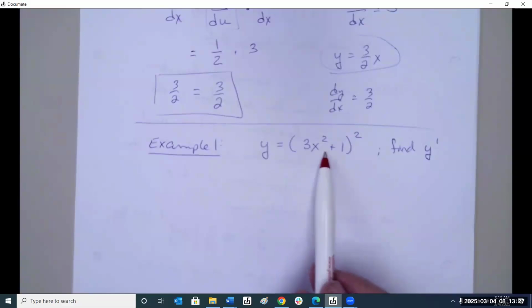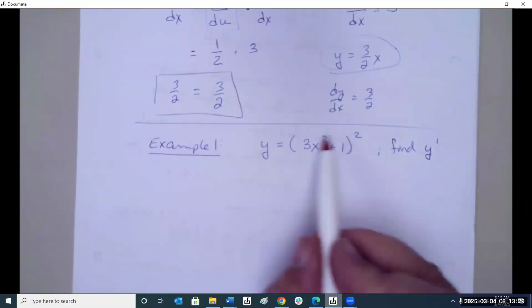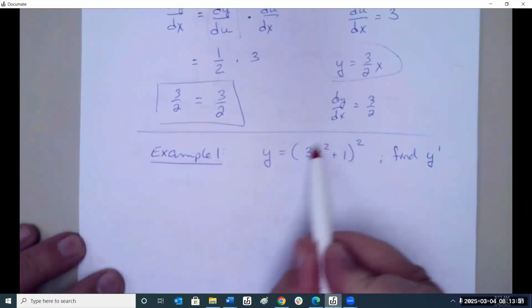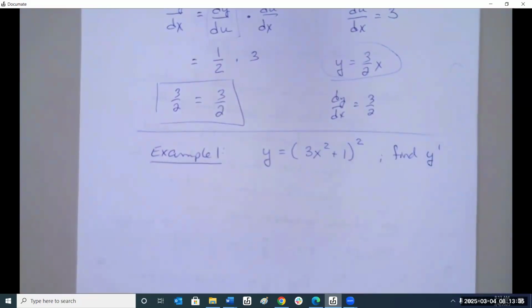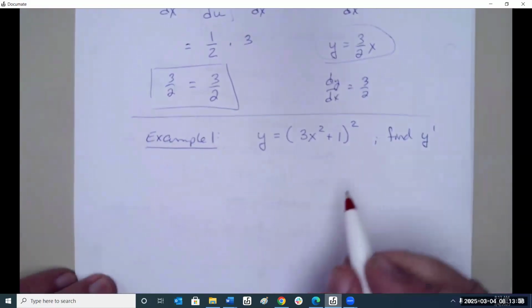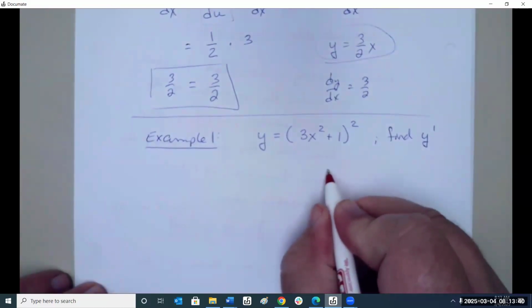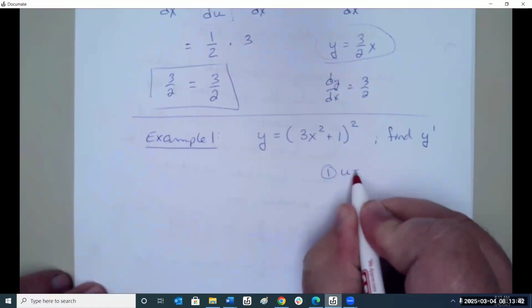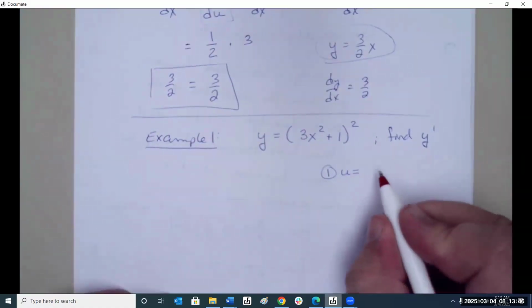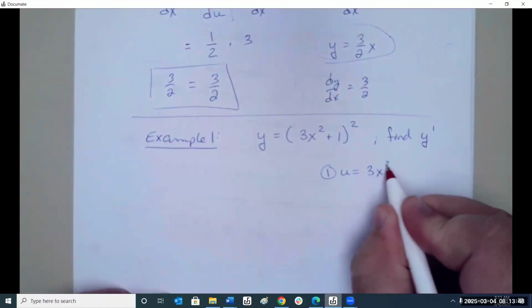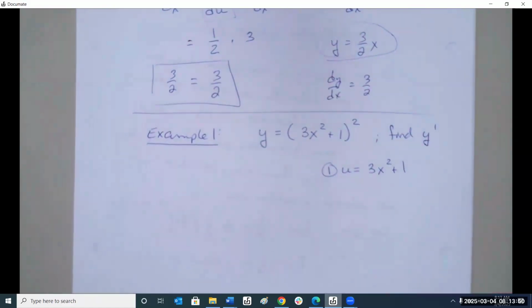We used to have x to the power 2. That was easy. But now we have this function squared, but inside there is another function. So the first thing we've got to do is, what is u? That's the inside function.